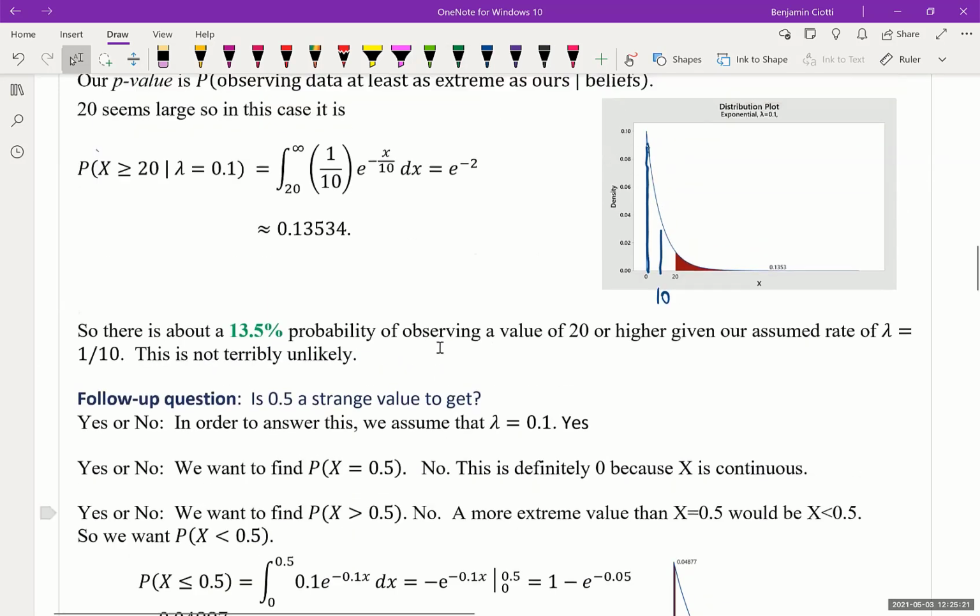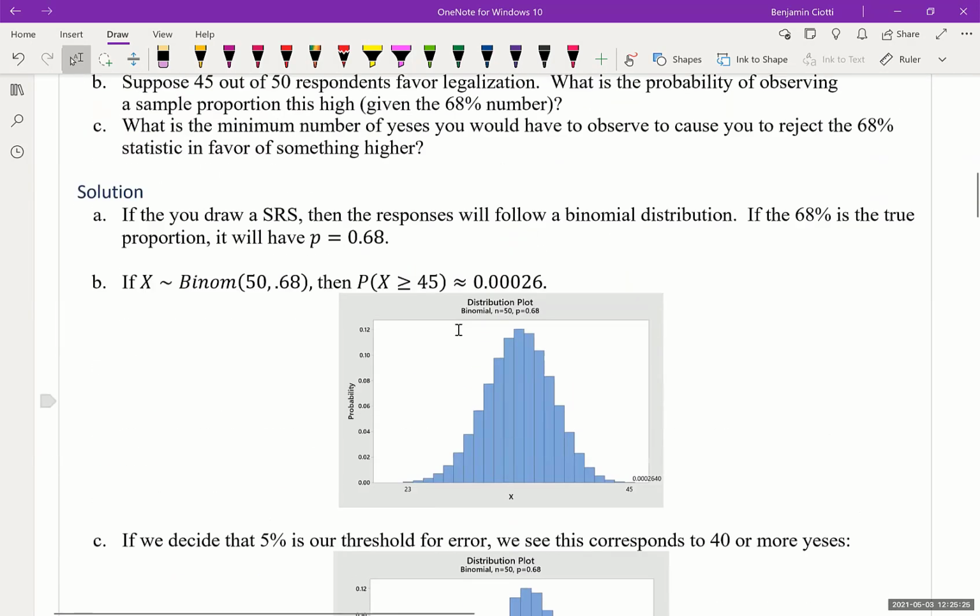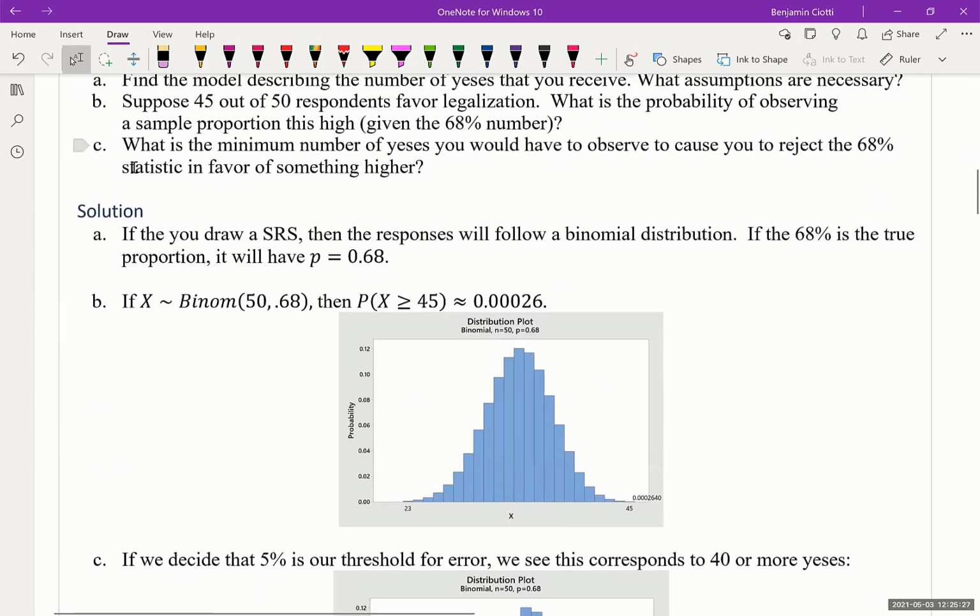Like, for example, in the marijuana problem, I said in favor of something higher, no pun intended, but higher than 68%.